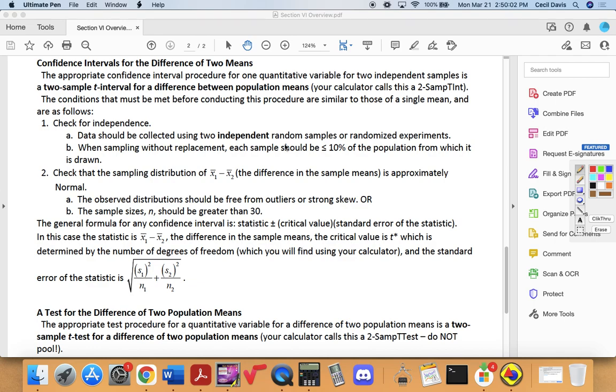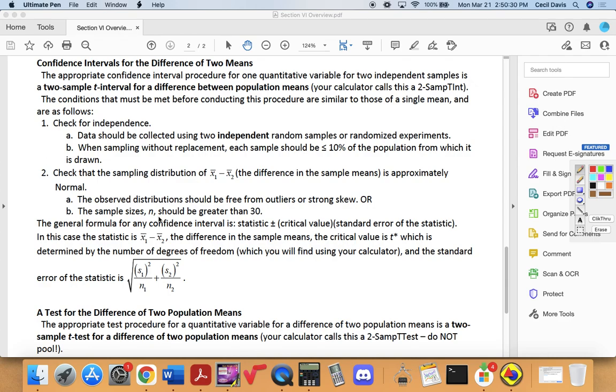Again, both samples have to be less than 10% of the population from which they are drawn. And both distributions, so if you're actually doing this, you either have to show two histograms or two box plots, or each sample size has to be bigger than 30.